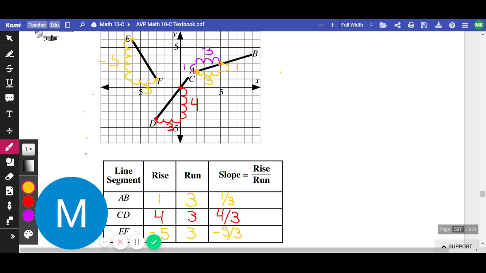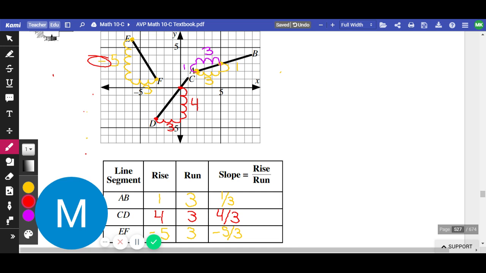Okay. Once I chose my 2 points, I want to start from the left point and go to the right point. In this case, I had to go down in order to get from my left point to my right point. Because I went down, it's a negative rise. But because I'm still going left to right, it's a positive run.